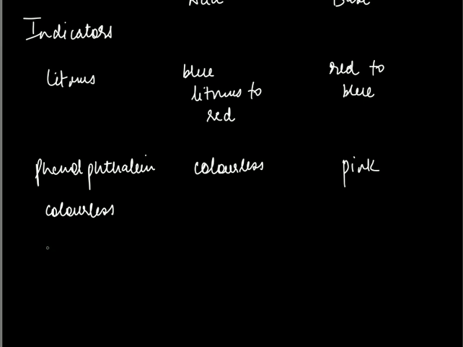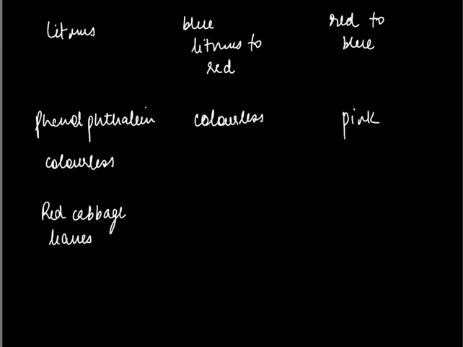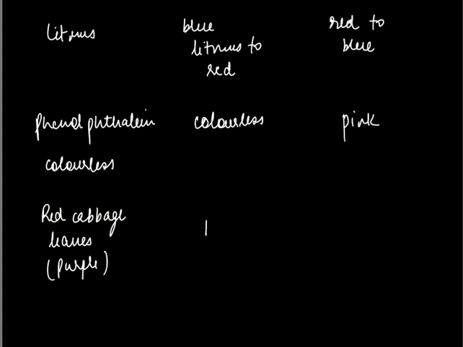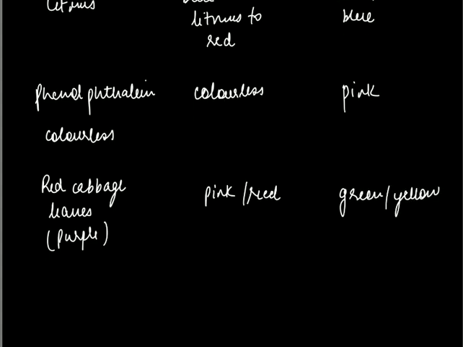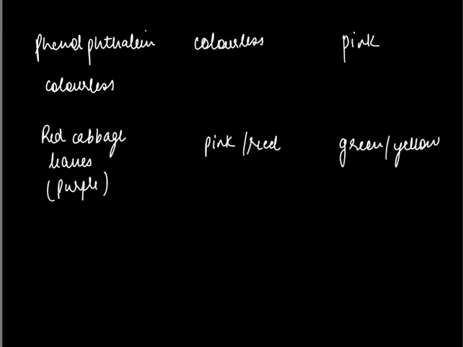We have red cabbage leaves, which are originally purple in color, but can be pink or red in acid, and green or yellow in case of base.